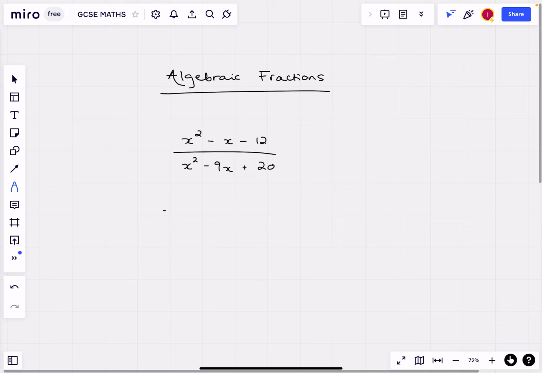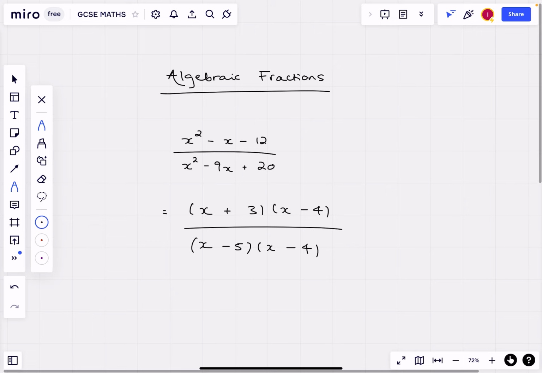So the numerator, you should have factorized into x plus 3 and x minus 4. And the denominator would be x minus 5 and x minus 4. Now, if you notice, x minus 4 is common in both the numerator and the denominator.